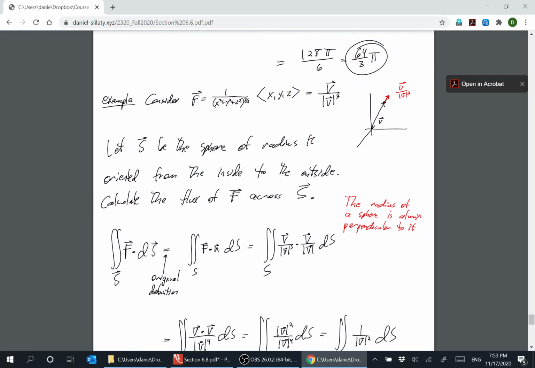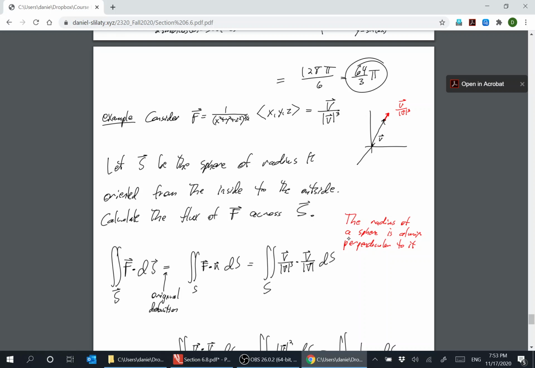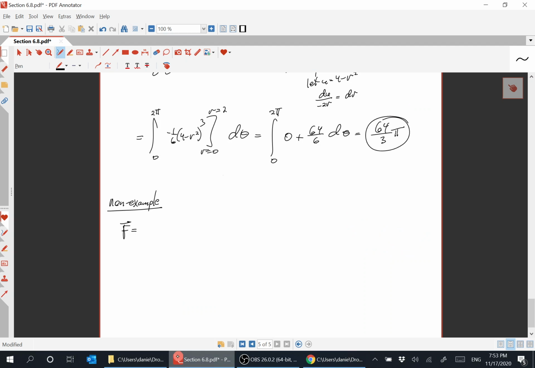But why I bring up this example, this won't work with the divergence theorem, because at 0, the derivative doesn't exist. The function itself doesn't exist. And you need continuity.